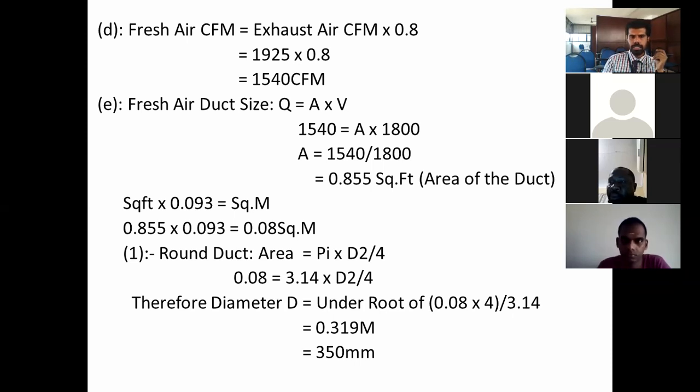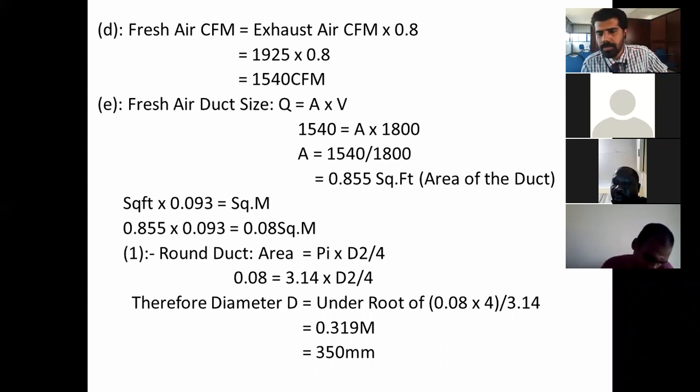You have found the answer for the rectangular as well as square shape. And you can choose any one. If you wish to do round duct, you can choose round. If you wish to do rectangular or square, according to the application and situation, you have to change the style of the duct. Maybe we have seen the rectangular ducts only, rectangular or square.